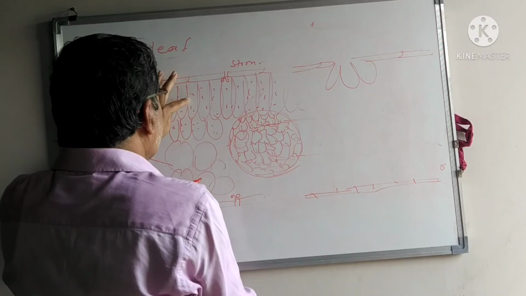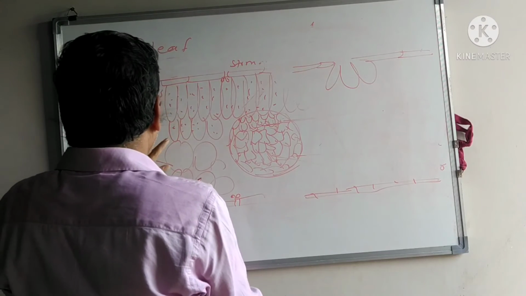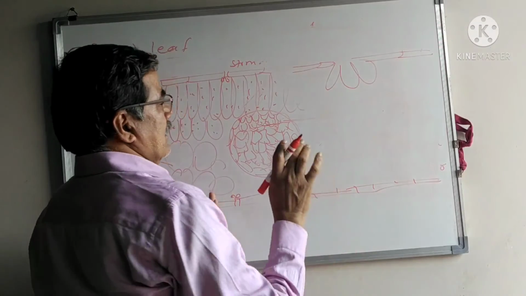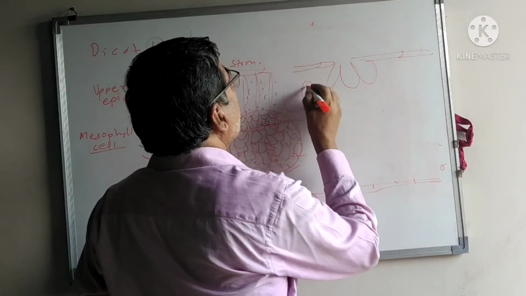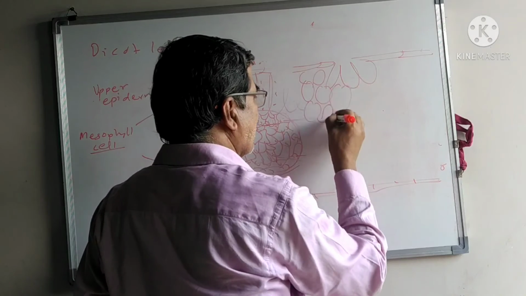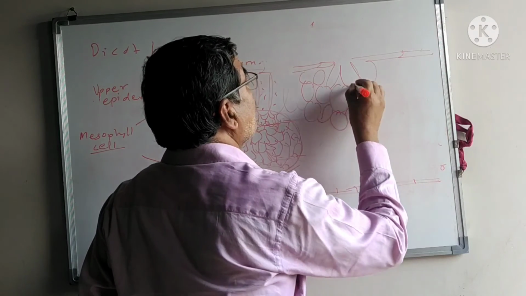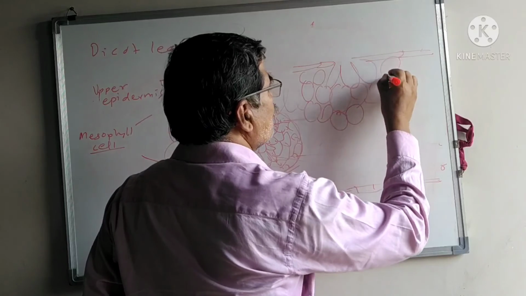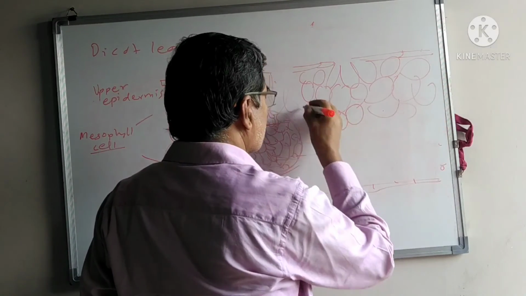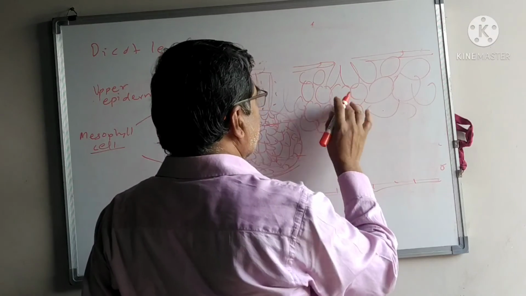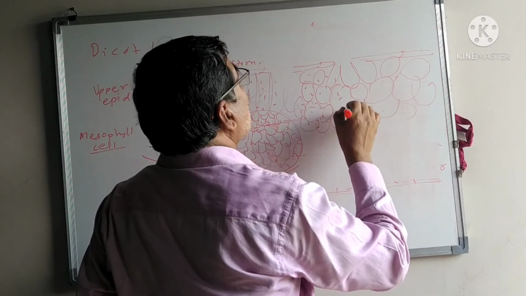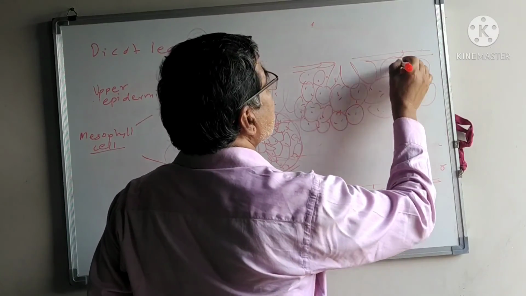Instead of the palisade layer, here the mesophyll consists only of parenchyma cells, spongy parenchyma: larger, loosely arranged cells, which store the food material. They are green in color, consist of chloroplast, and carry out photosynthesis.